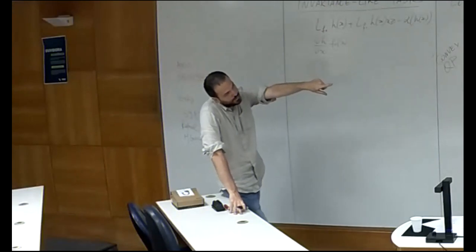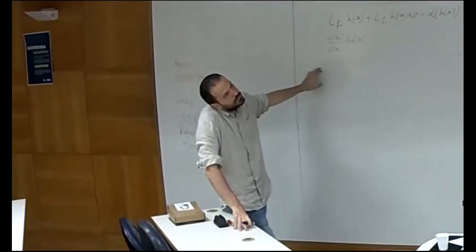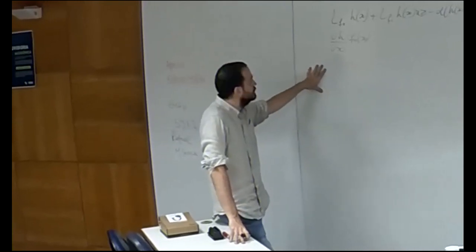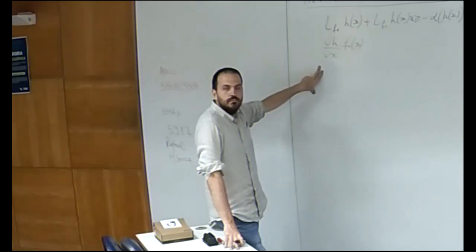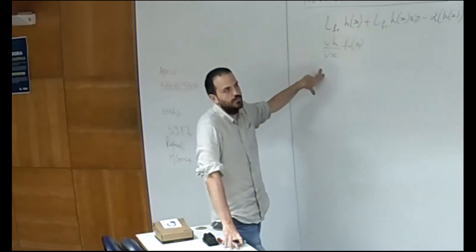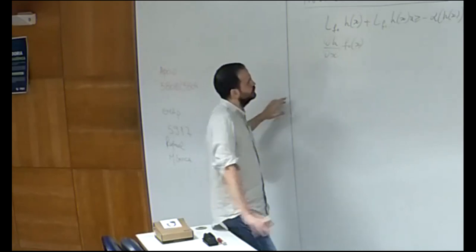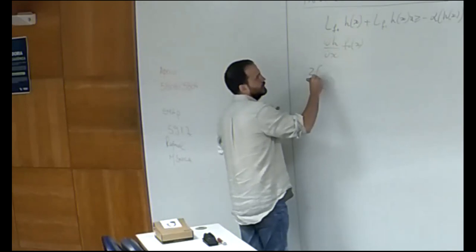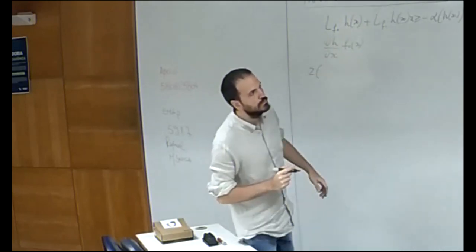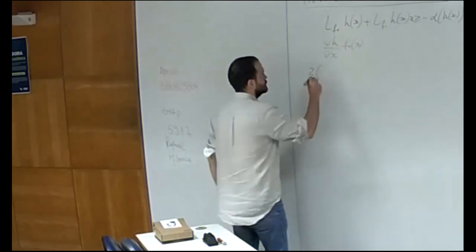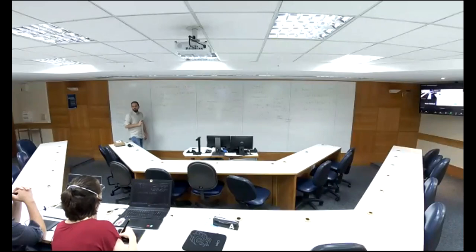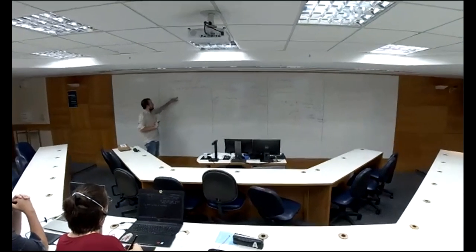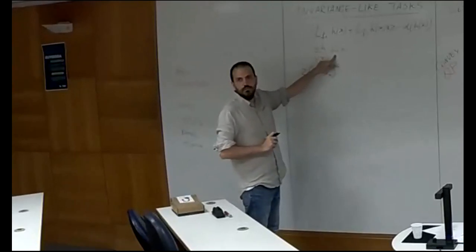Given the expression of h, it is very similar to the output. This is the value, so it's 2 times x minus x. And then we have f0. What is f0?